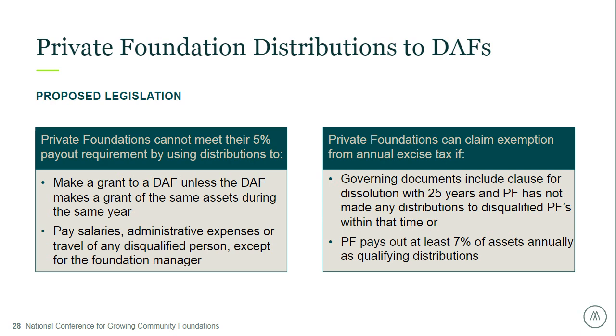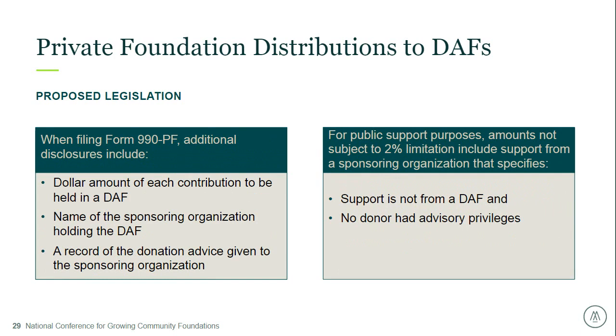Okay, a couple of other things in the proposed legislation: when filing the Form 990-PF, there will be some additional disclosures. The dollar amount of each contribution to be held in the DAF would need to be disclosed. The name of the sponsoring organization holding the DAF would need to be disclosed, and a record of the donation advice given to the sponsoring organization.